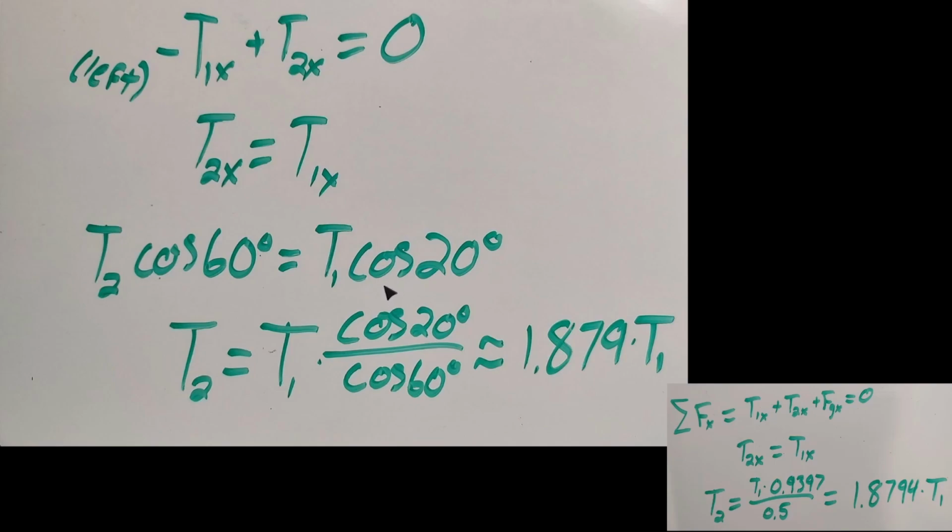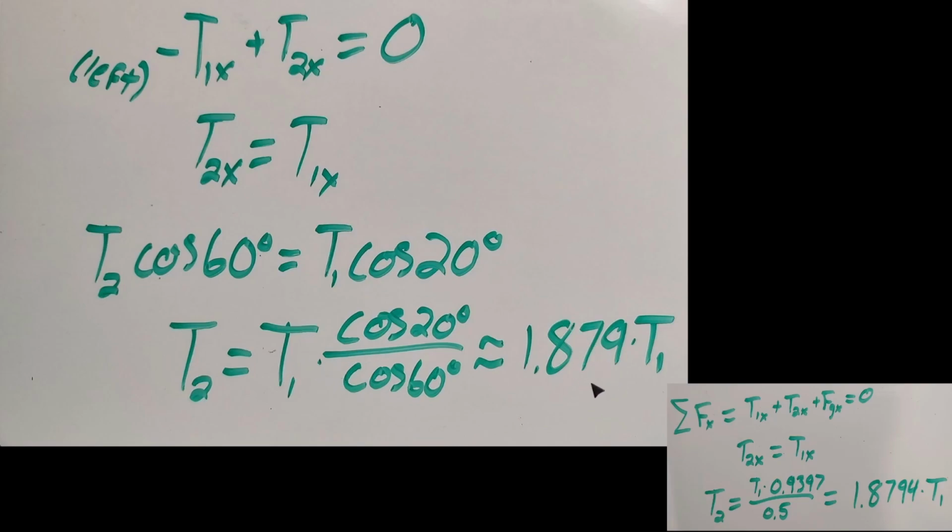If you want to follow along, that's probably a good idea, because I'm only showing the steps that we're on, not necessarily all the stuff that we worked on before. This was from the first step that we just did. Then we just divide by cosine of 60 to get cosine 20 over cosine 60 times T1.